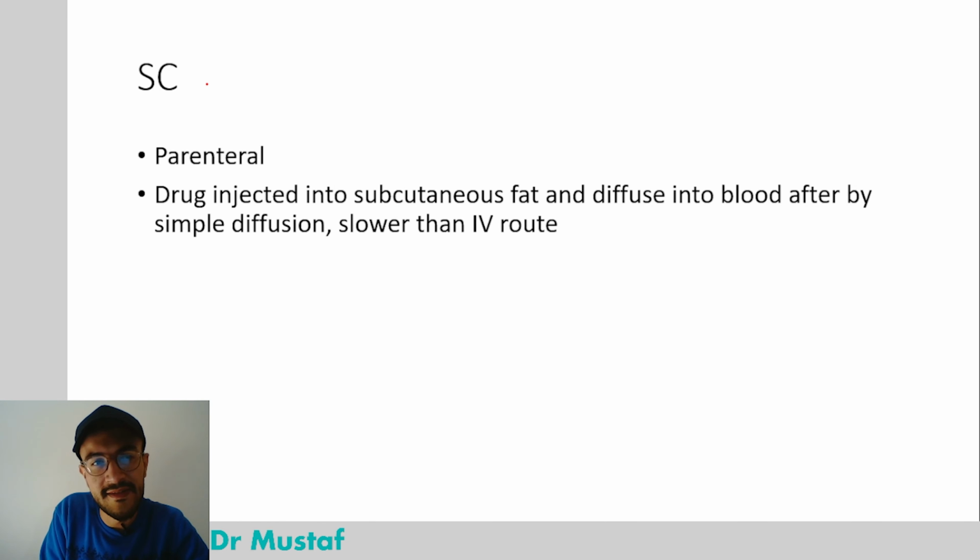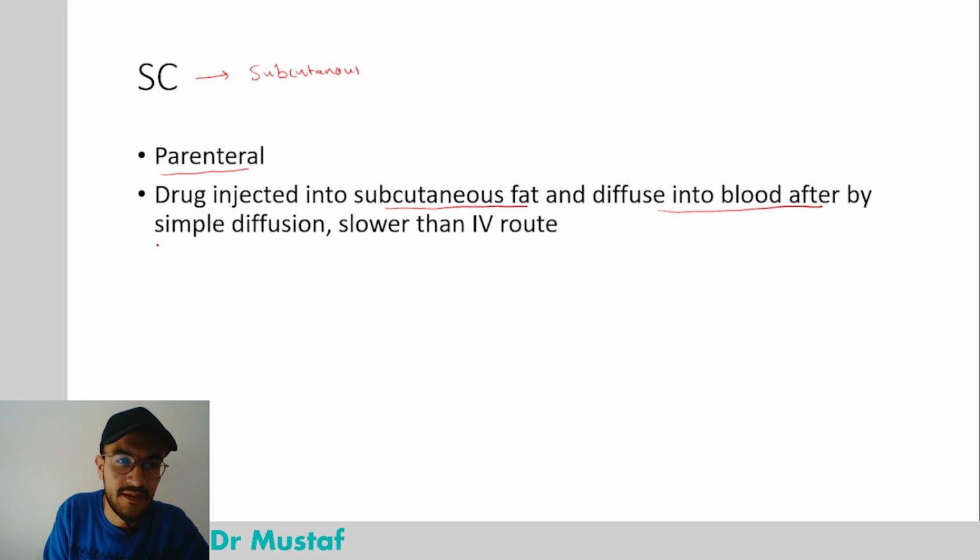Now let's talk about the subcutaneous route, SC, which is also a parenteral route. The drug is injected into the subcutaneous fat and diffused into the blood by simple diffusion. It is slower than the IV route.